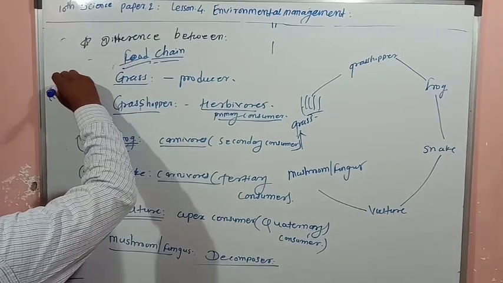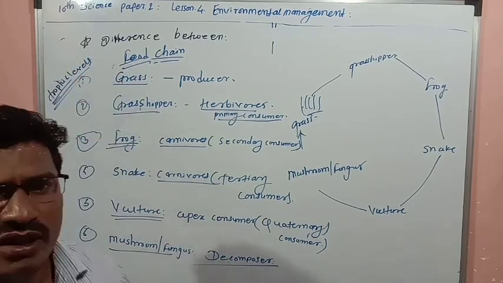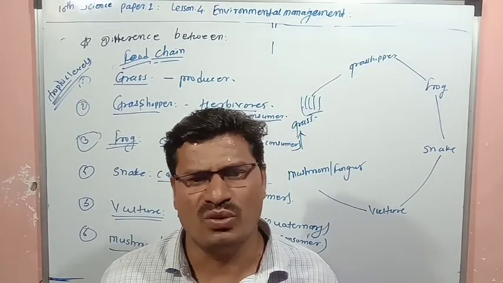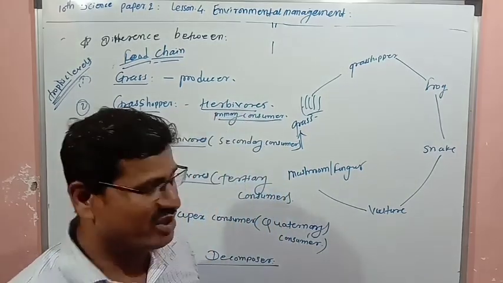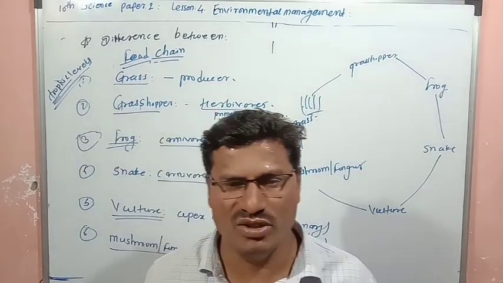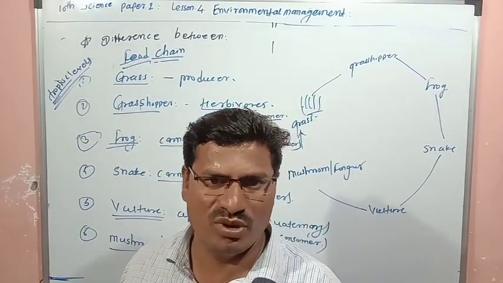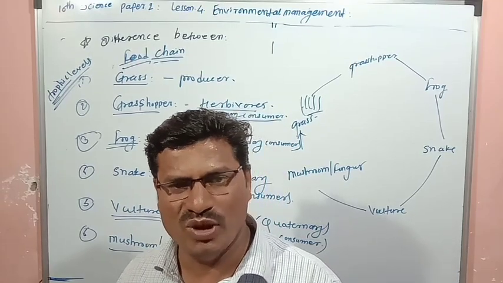And another thing is the next question: what is energy pyramid? In 9th standard or before that also you have studied how energy is transferred from lower organism to higher organism.